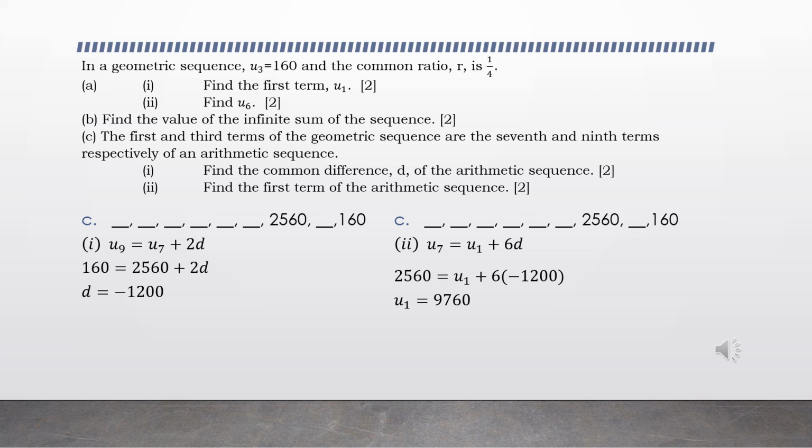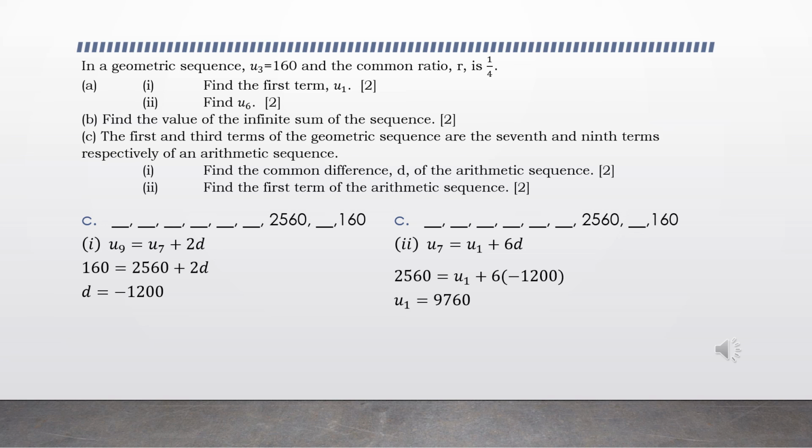To find the common difference, I can make use of the formula u sub n equals u sub 1 plus n minus 1 d. So my u sub 9 is 160, my u sub 7 is 2560, and n minus 1 is 2 times the difference. So solving this will give me a difference of negative 1200.